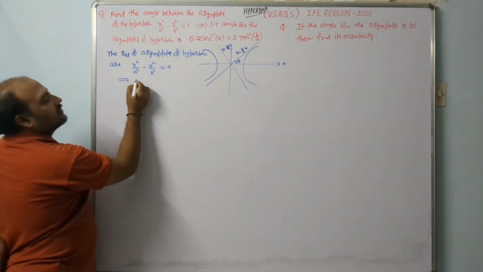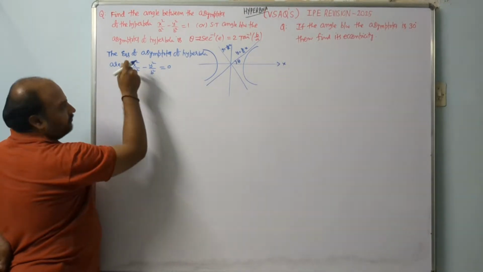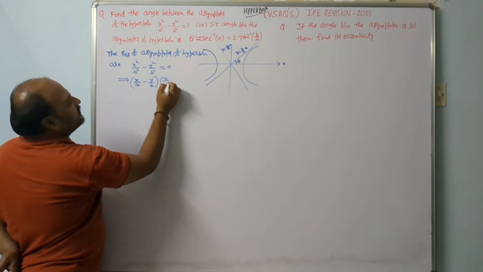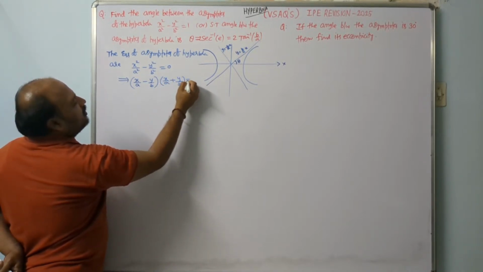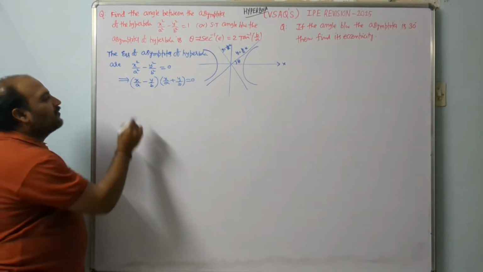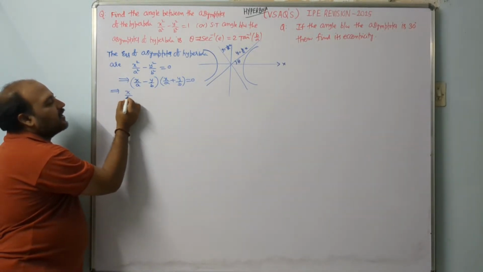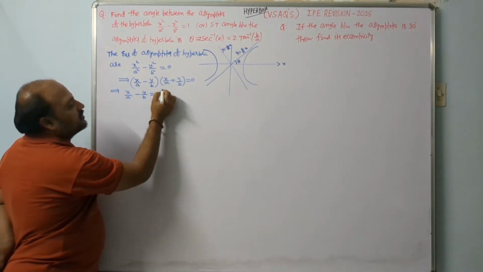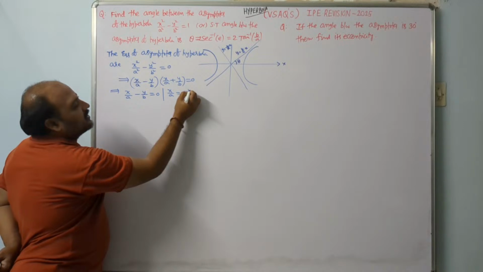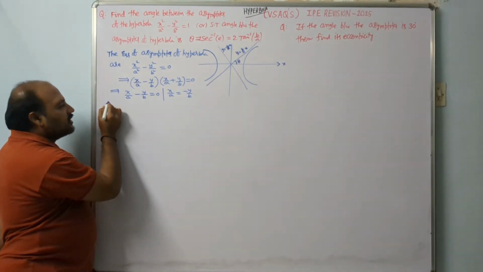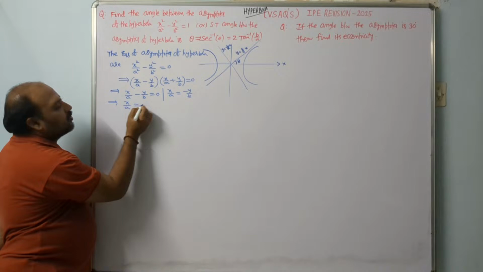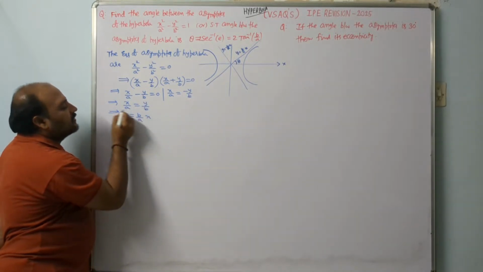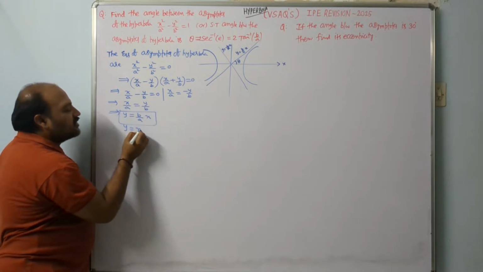From this, x by a minus y by b into x by a plus y by b equal to 0. a square minus b square formula. So it becomes x by a minus y by b equal to 0 and x by a equal to minus y by b. So from this equation, x by a equal to y by b. So making y the subject, y is equal to b by a x. This you have to compare with y is equal to m1 x.